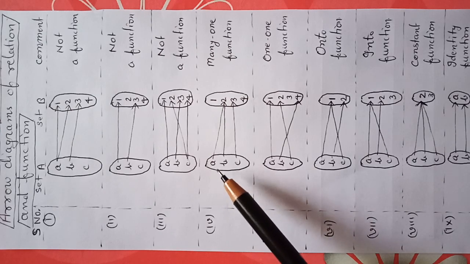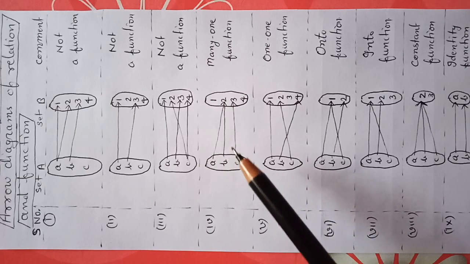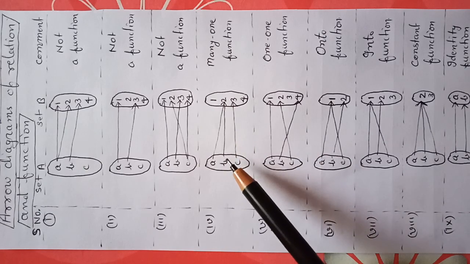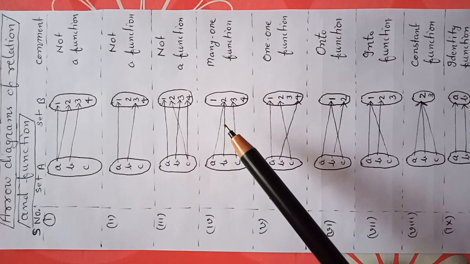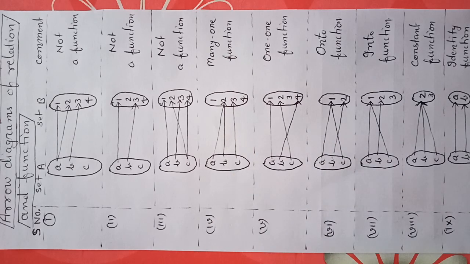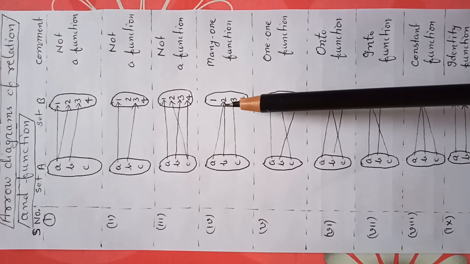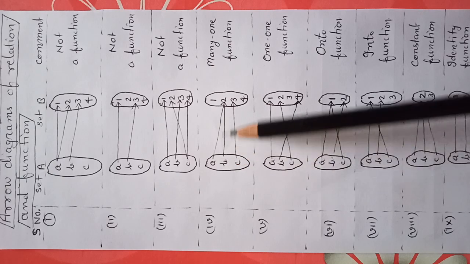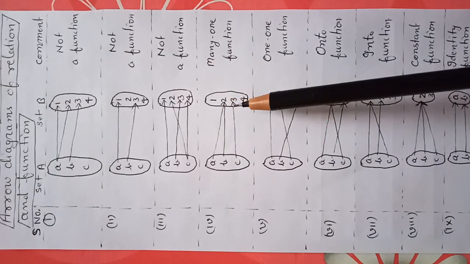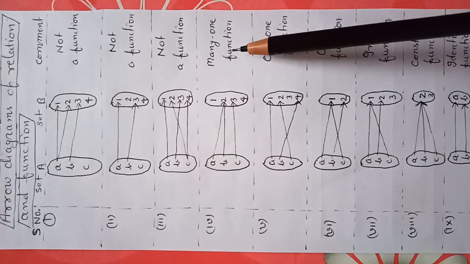That means every element of A has a unique image in B, and therefore this is an example of a relationship which is also a function. We also see that two elements A and B have the same image too. That means many elements of A have the same image in B, and therefore this is an example of a many one function.